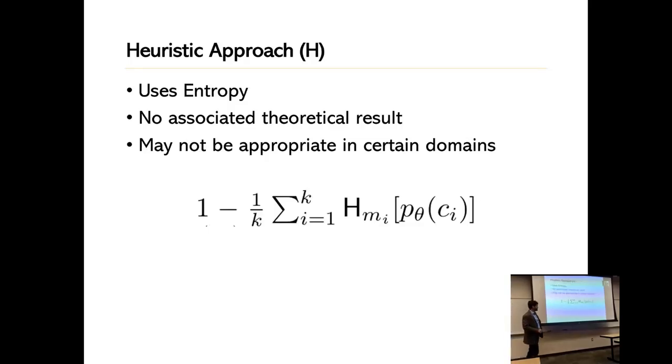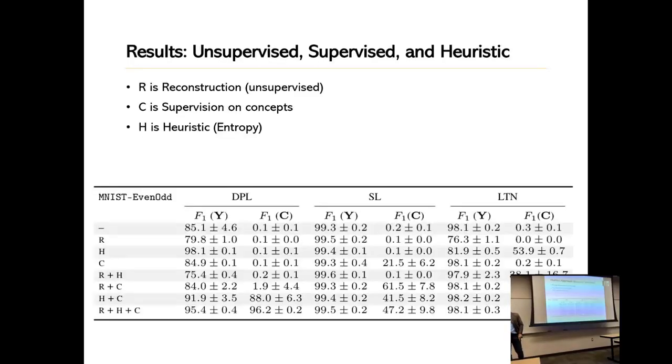Another approach is just a heuristic approach. So the authors are not able to prove any kind of reduction in the number of reasoning shortcuts using entropy. They do note it may not be appropriate in certain domains because you may not want to minimize necessarily the diversity of the result in all cases. However, in the problems they look at, it does have an impact.